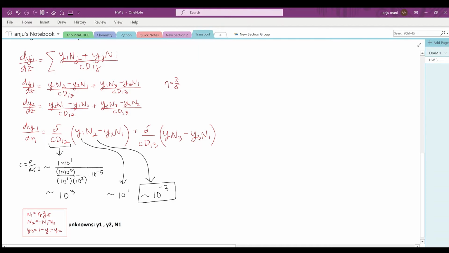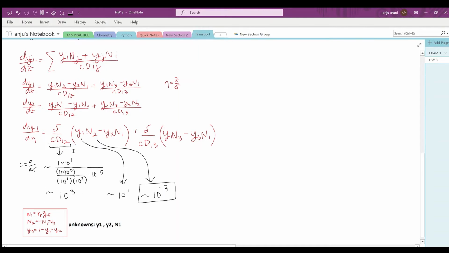Our temperature had 3 digits, so that would be 10 to the 2nd. And our diffusivity coefficient for gases is 10 to the negative 5th. So this front value would be approximately at a magnitude of 10 to the 3rd.